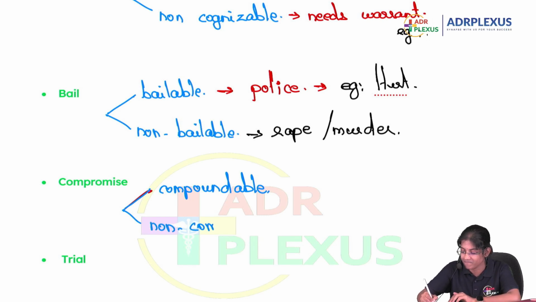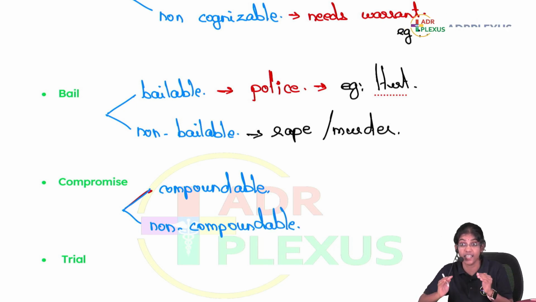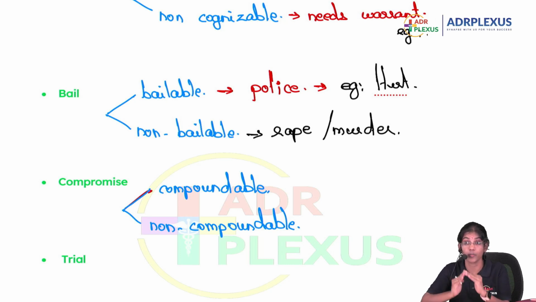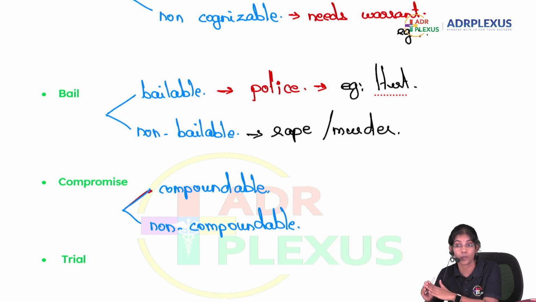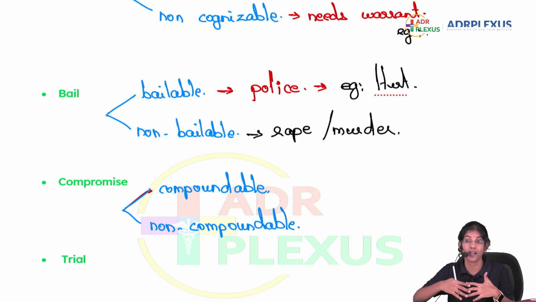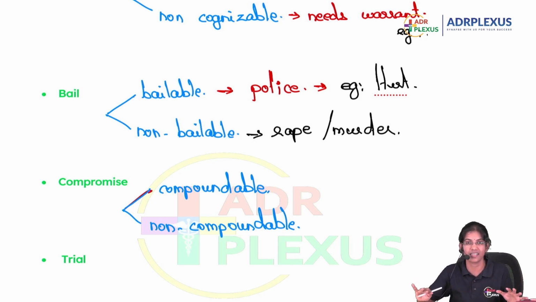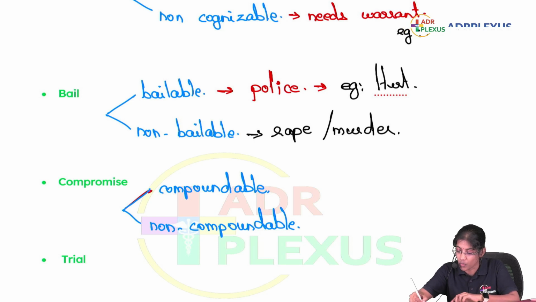Non-compoundable means that when they say there is a non-compoundable offense, they cannot solve the issue outside the court. Again, for example, rape, murder. People cannot just pay money outside the court, finish off, compensation done, nothing like that. So they have to come to the court.